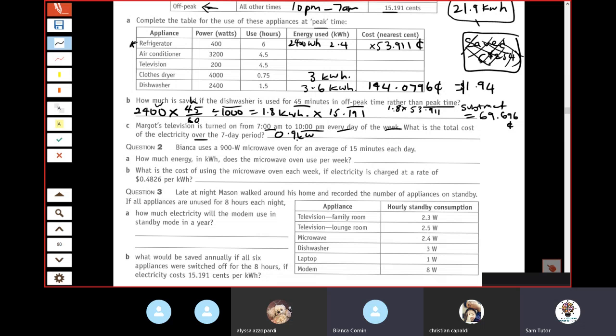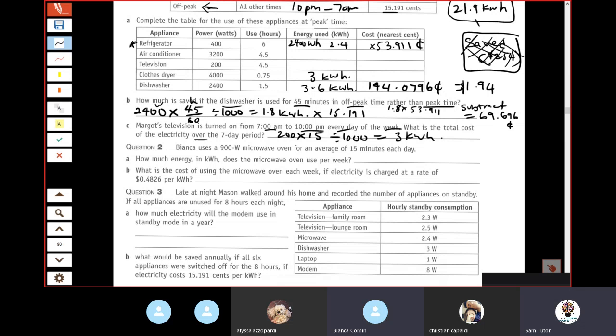Oh, what am I doing? Sorry, I times by 4.5. It's 200 times how many hours from 7 a.m. to 10 p.m.? 12, 13, 14, 15 hours. And then divide by 1,000. So that becomes 3 kilowatt hours.